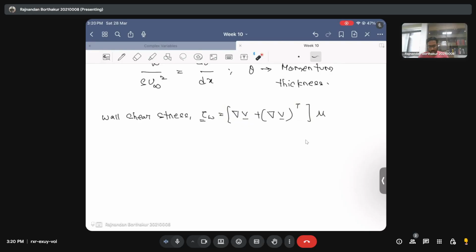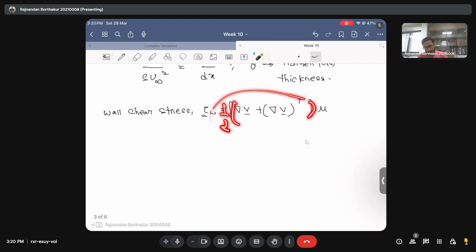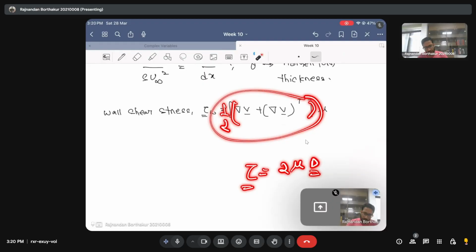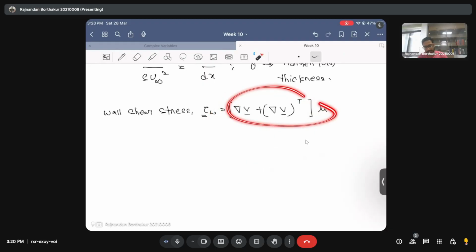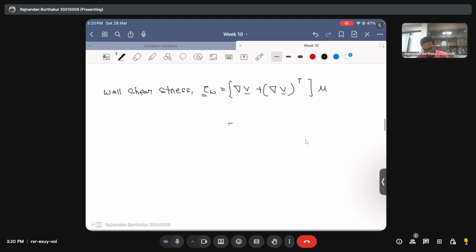Actually half of this is the strain, and we know that stress is equal to 2 mu times the strain. So if you substitute, you simply get this relation. But in principle, what I'm trying to say is that this simply reduces to mu times del u by del y.